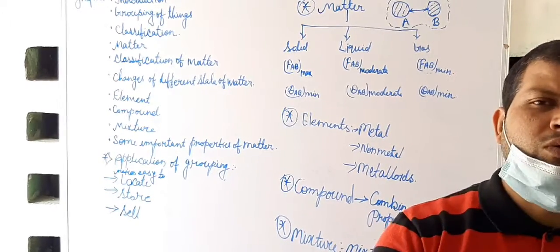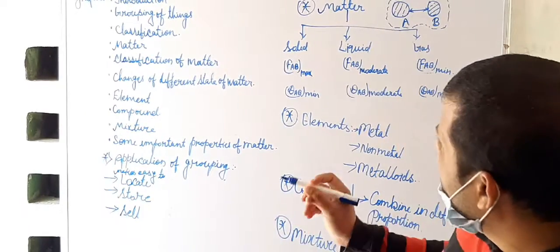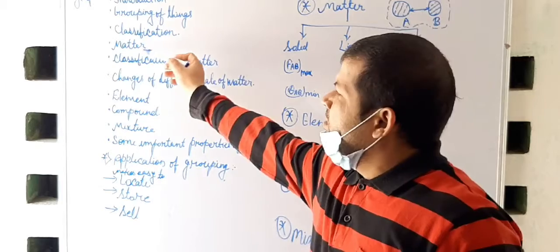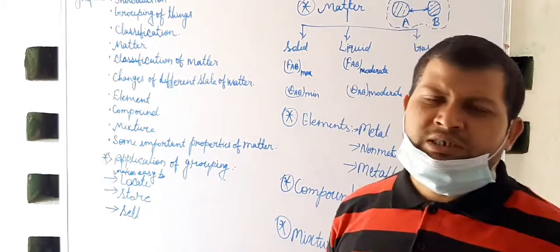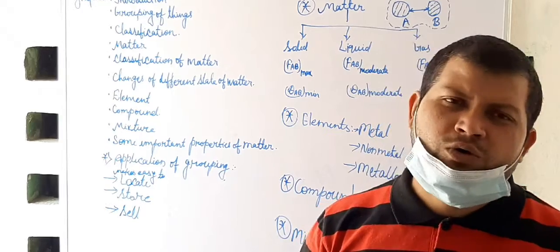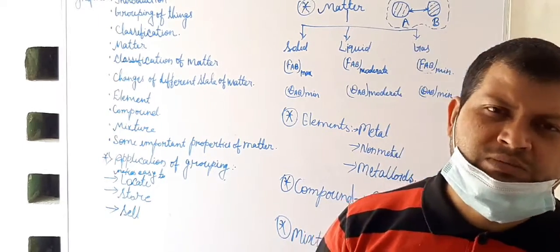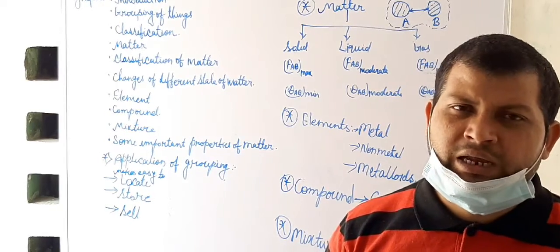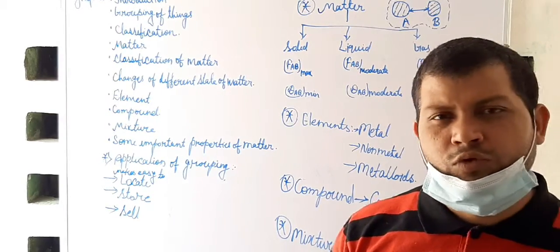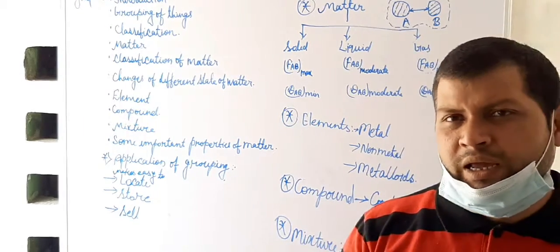Now let us come to know what matter is. Here I am going to discuss matter. You students know that the things which occupy space, have some mass and offer resistance, as I have taught you in the previous class, are called matter.